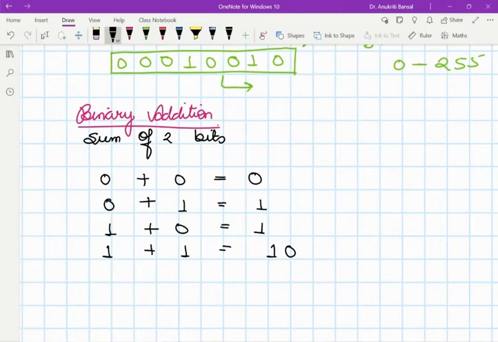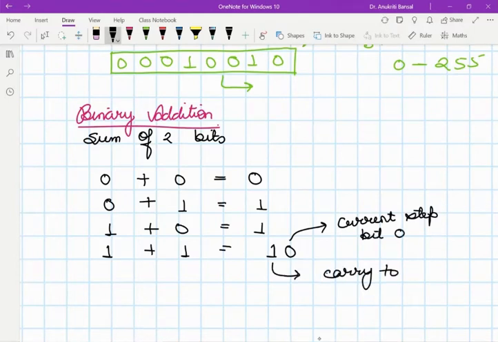So this is written like this: current step bit 0 and carry to the next step 1.